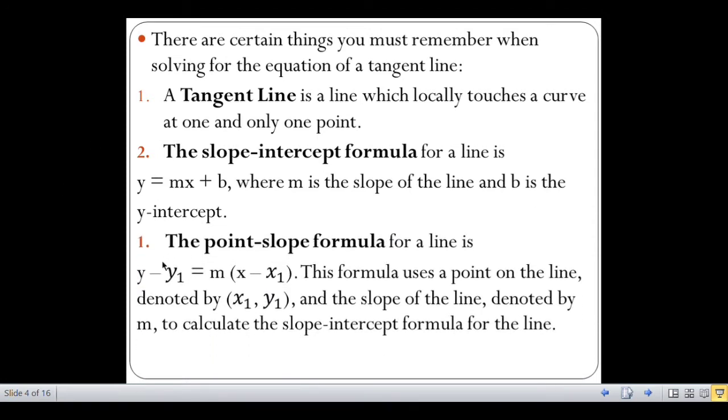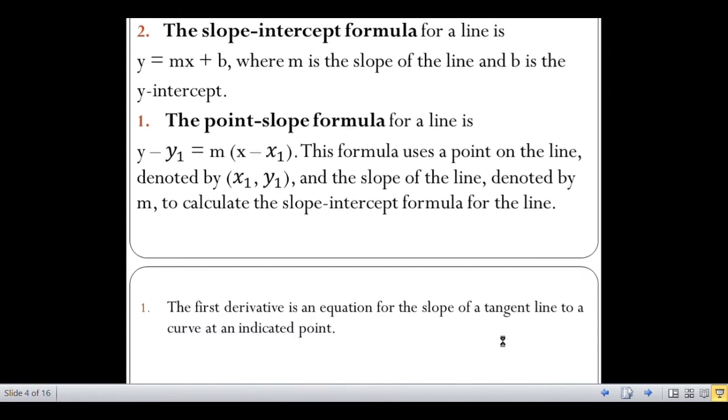And number 3, class, na mali yung numbering, the point slope formula for a line is y minus y sub 1 equals m times the quantity x minus x sub 1. So this formula uses a point on the line denoted by x sub 1 and y sub 1 and the slope of the line denoted by m to calculate the slope-intercept formula for the line.